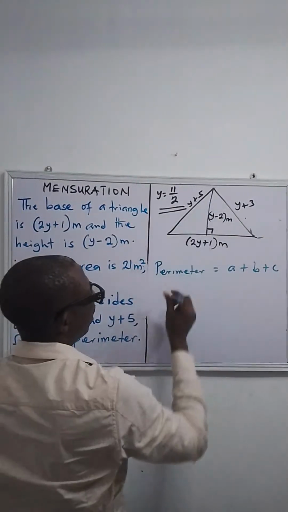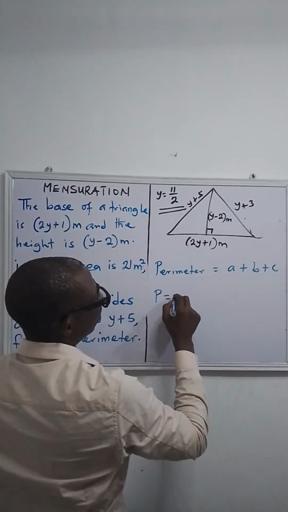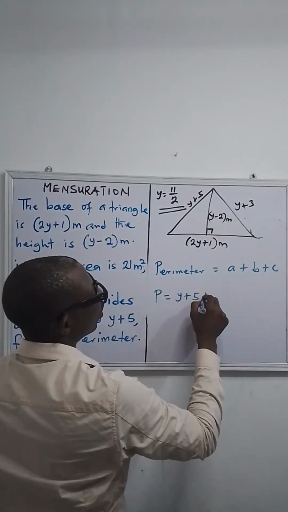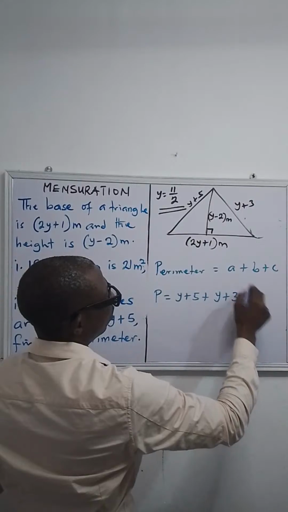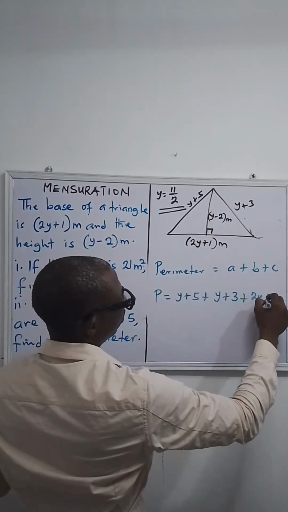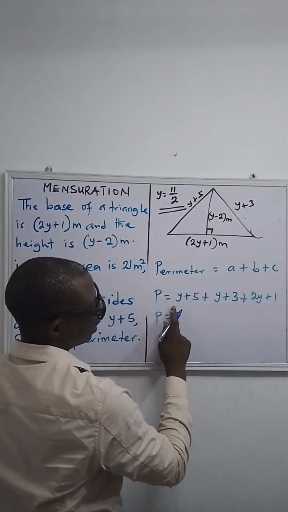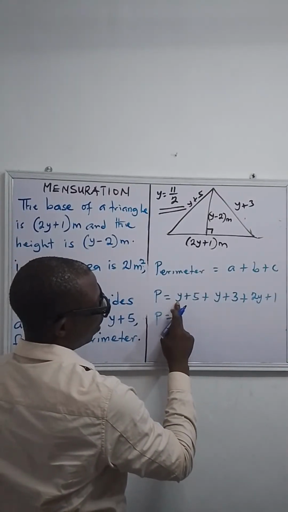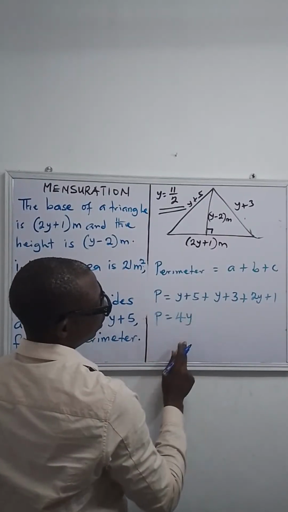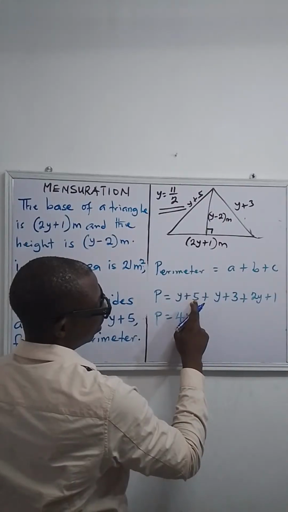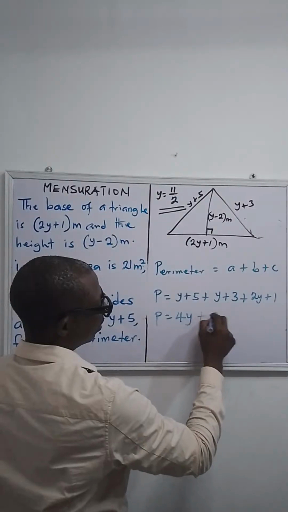So we have perimeter P equals A, that's y plus 5, plus B, that is y plus 3, plus C, that is 2y plus 1. Now let's add the y's together: 1y, 2y, 4y. So we have 4y. Let's add the numbers together: 5 plus 3 is 8, plus 1 is 9.